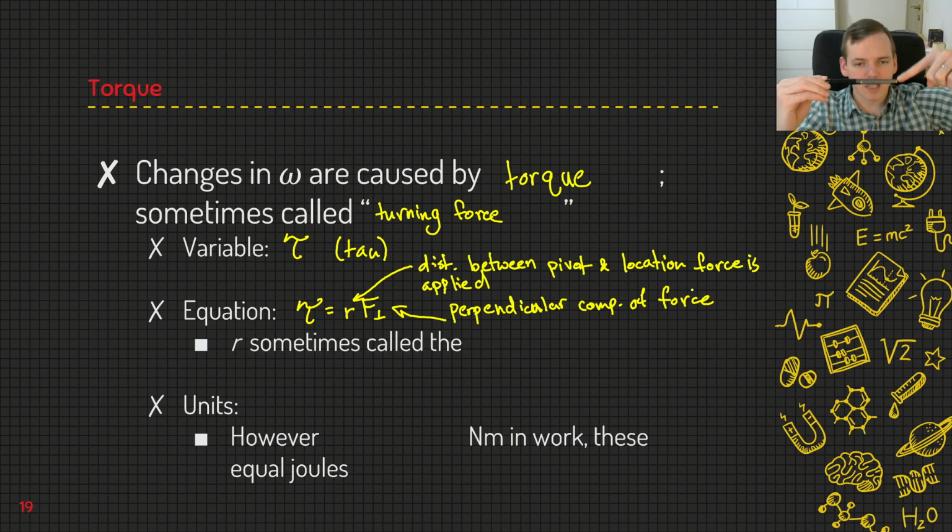But if I push at some angle, then I only get a smaller amount because only some of that force is pointed downwards. The rest is pointed inwards, and that doesn't do anything to turn it. So the main thing I want you to take away here is the more perpendicular the force is, the better it is for causing something to turn. For our calculations, we'll always just calculate for perpendicular forces.